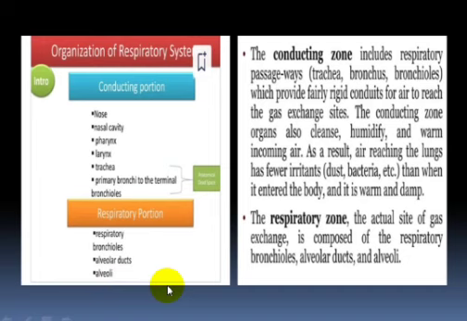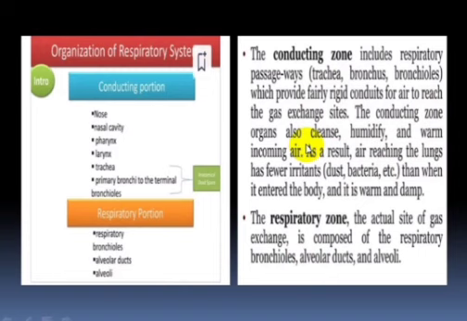Whereas the respiratory zone is made up of the respiratory bronchioles, the alveolar ducts, and the alveolar sacs. So you have respiratory bronchioles, alveolar ducts, and alveolar sac. Okay?